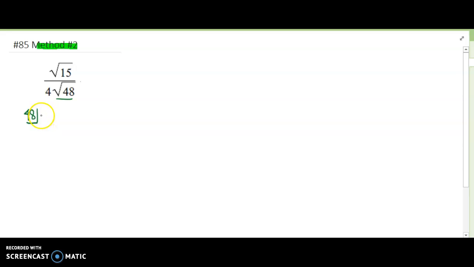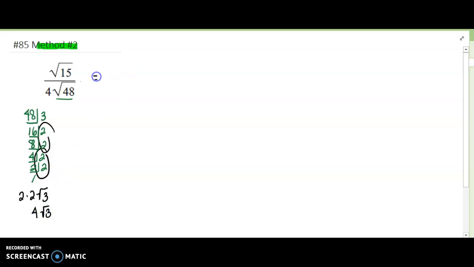So 48 goes into 3, 16 times, which goes into 2, 8 times, 2, 4 times, 2 twice, 2, 1, you're done. So I have a pair of 2s and a pair of 2s and a leftover 3. So it'd be 2 times 2 square root of 3, which is just 4 square root of 3.